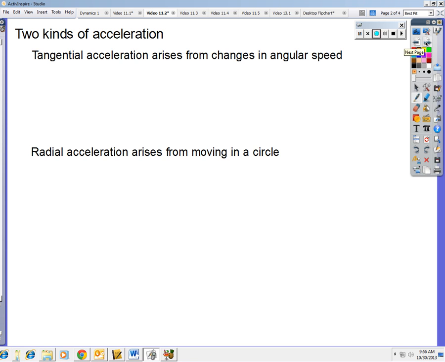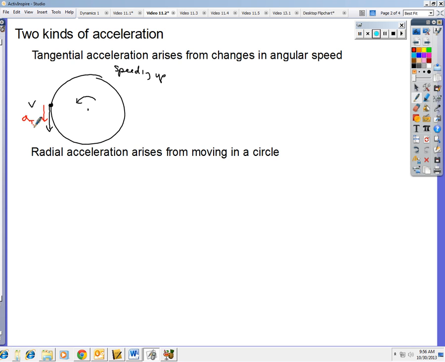Now what gets a little more complicated is when it comes to acceleration. We know that there's tangential acceleration. So you've got something going in a circle, and let's say that it is speeding up. Well, in that case, this point on the rim here will have a velocity in that direction, and a tangential acceleration causing that speed to increase.